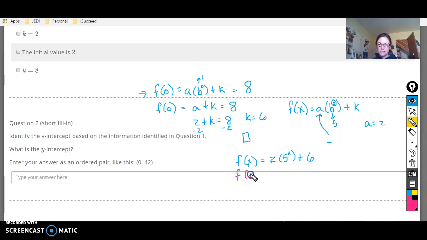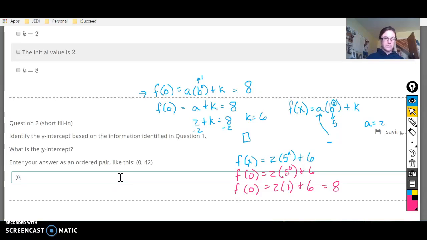F at 0 equals 2 times 5 to the 0 power plus 6. 5 to the 0 power is 1. So f at 0 equals 2 times 1 plus 6 equals 8. So what we would want to type in here is our ordered pair. When x is 0, y is 8. Those are the values that you'd want to type in right there.